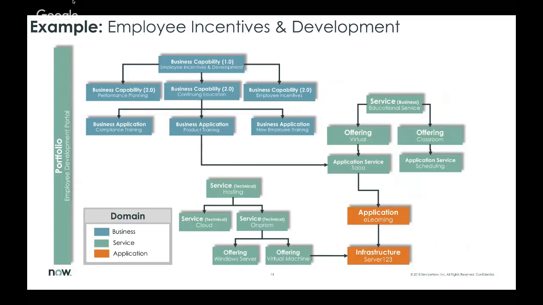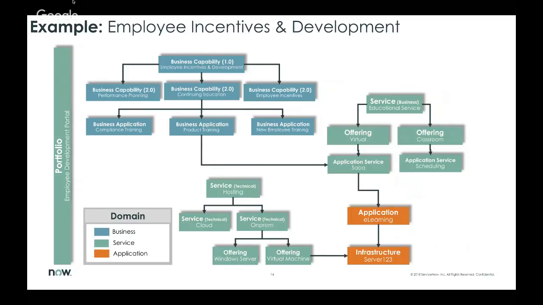Now, there's one thing that we're recommending customers do, but we're not going to mandate it from a product perspective: ideally each business service should have an offering of some type, but it's not required, because in our discussions with several customers, not all customers are using offerings today or having offerings for each service. So ideally, we would like to see that as part of the best practice, but we also recognize that that's not always realistic for every customer.